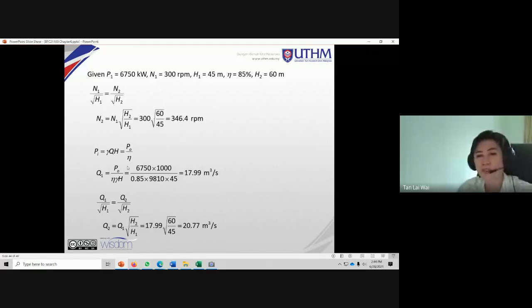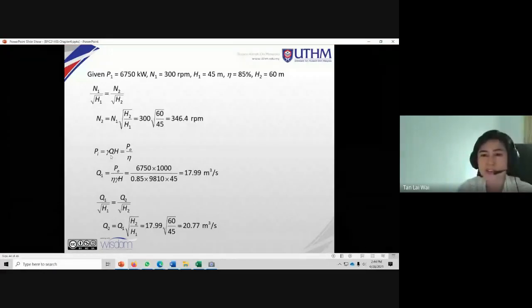So if you want to find the discharge, an efficiency is provided. H is given, and of course the specific weight would be rho times g, which is 9,810, which is 1,000, assuming water, times 9.81.